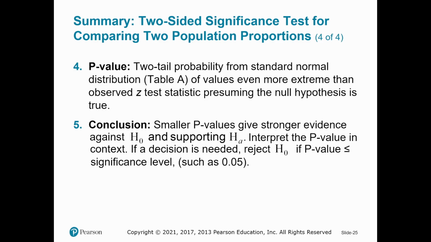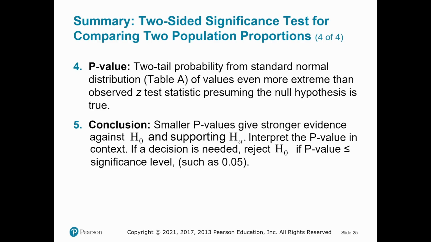Summary: two-sided significance tests for comparing two population proportions. So the p-value is calculated the same way as if it was a one-sample test. We have tail probabilities, and if it's a right-tailed test, we use the right tail probability. If it's a left-tailed test, we use the left-tail probability.